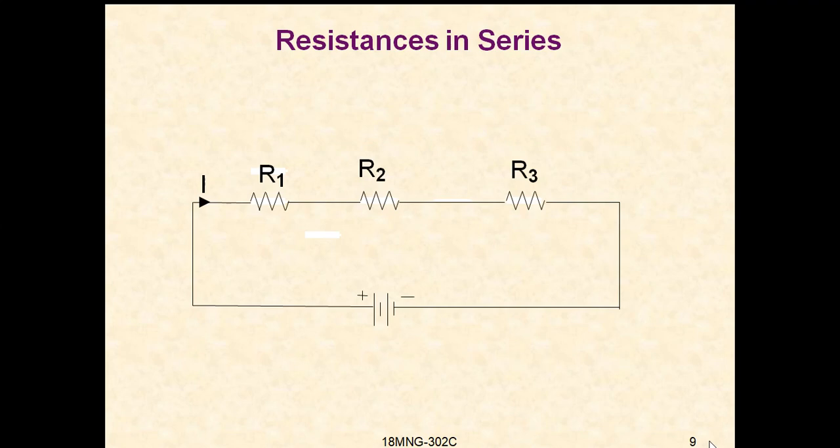Now let us see the circuit diagram. In this circuit there are three resistances connected in series, means the end of resistor R1 is connected to the starting point of resistance R2, and the end of resistor R2 is connected to the starting point of resistance R3.